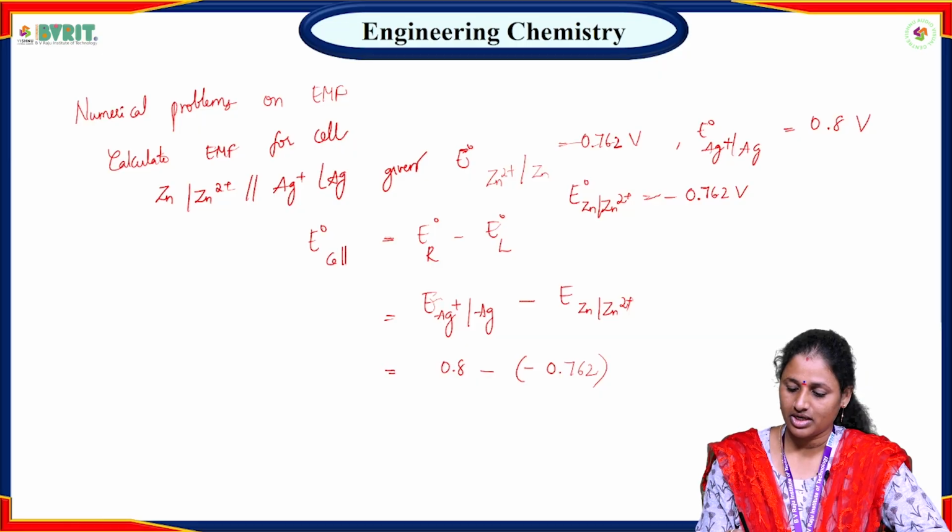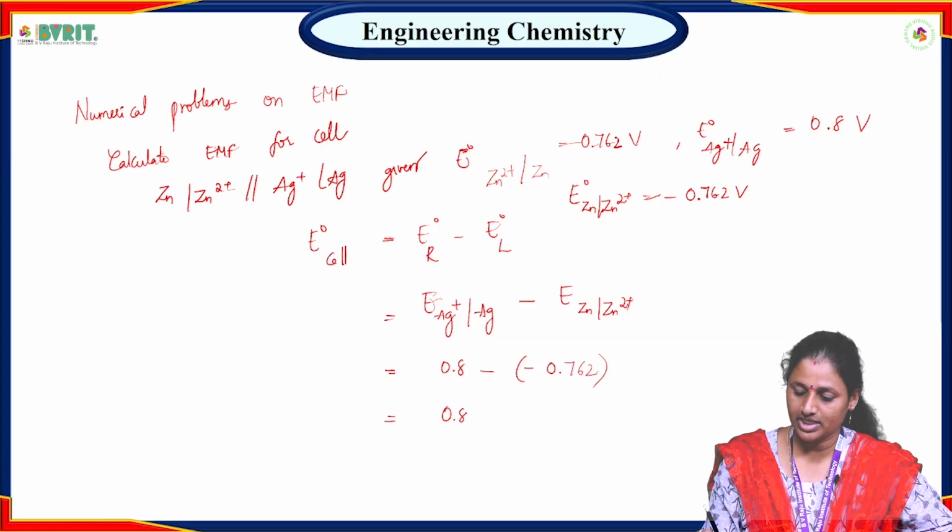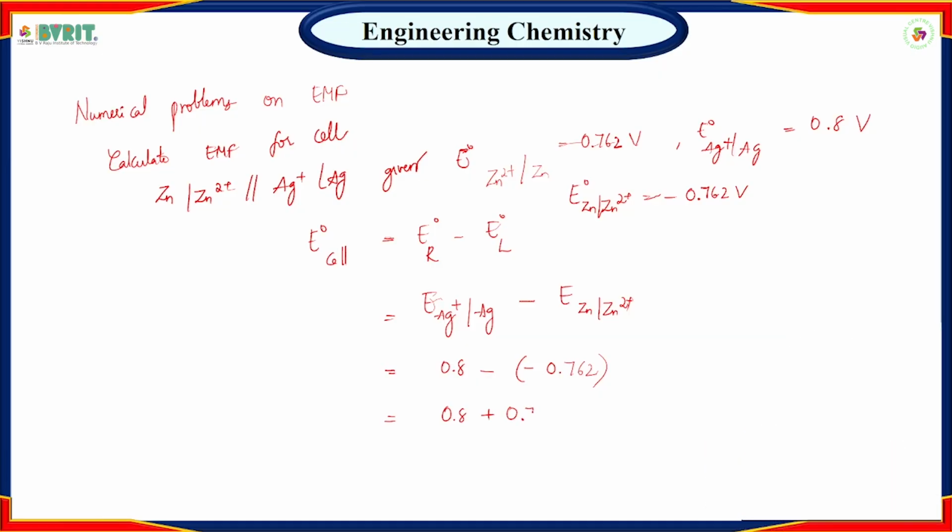So 0.8 plus 0.762, we will get 1.562 volt. It is a positive value, so the reaction is feasible. So this is one problem on EMF calculation.